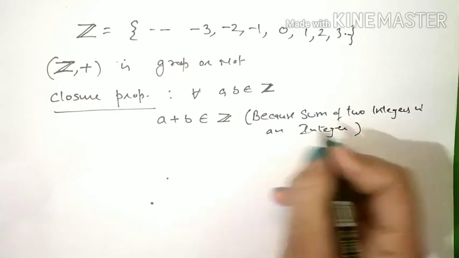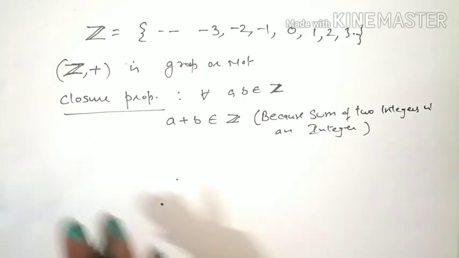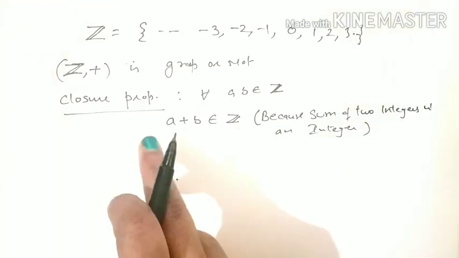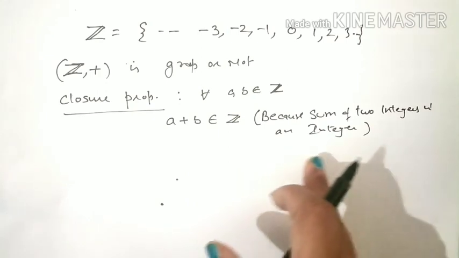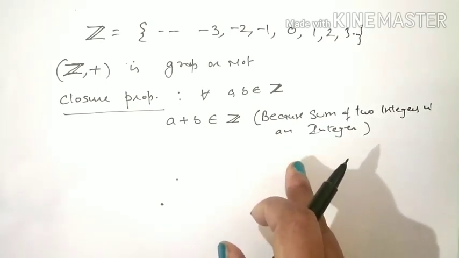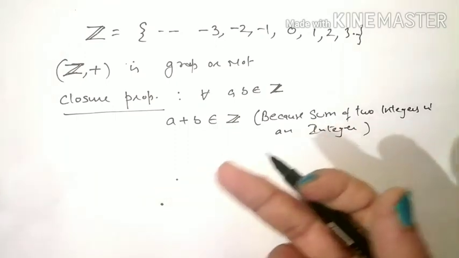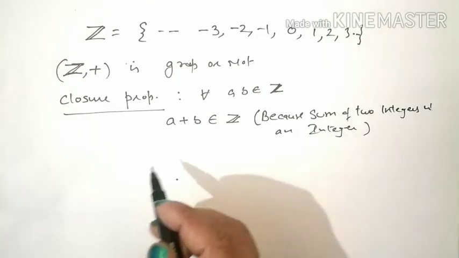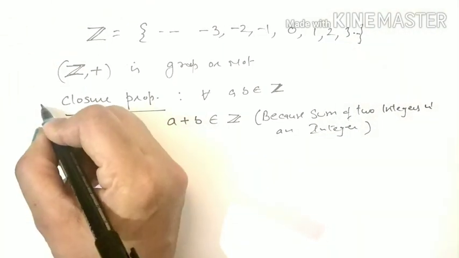You don't have to give an example of the same. Example is for your understanding. 2 plus 3 is 5, again an integer, but in the question you don't have to write the examples here. Examples you can give only in case of when you disprove something, but when you are proving something you have to prove it for all the numbers. So this is the closure property that holds.